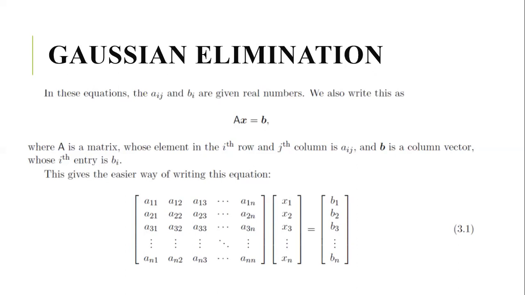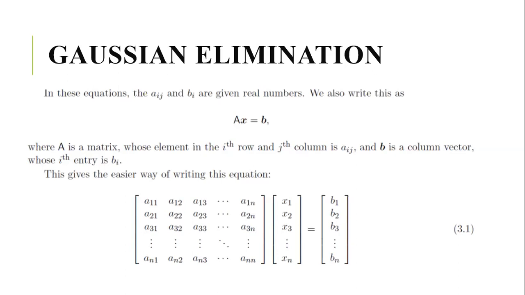That's the general form, where A is the coefficient matrix whose element in the ith row and jth column is aij, and B is the column vector or the solution matrix whose ith entry is bi.